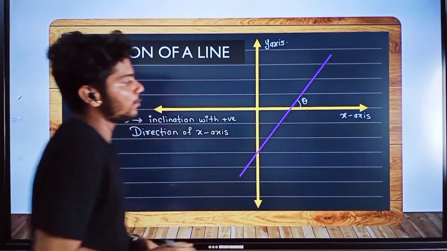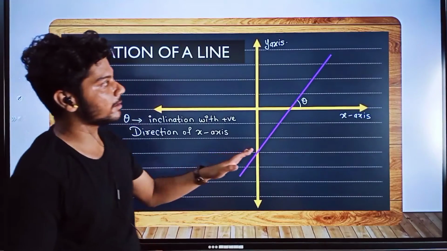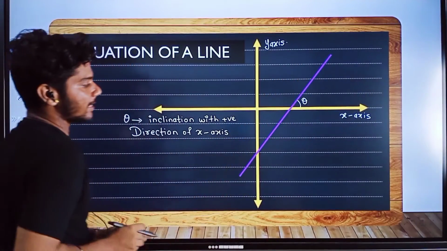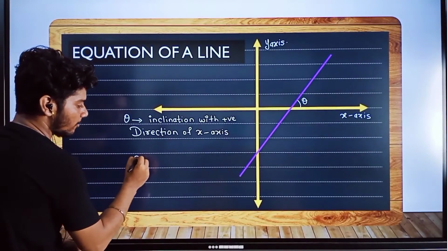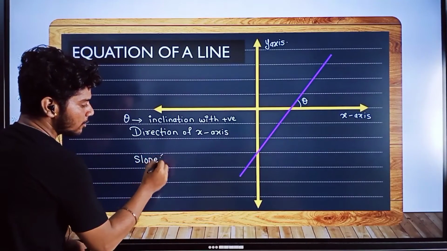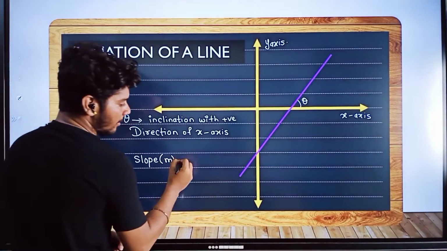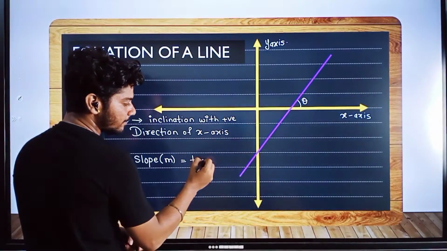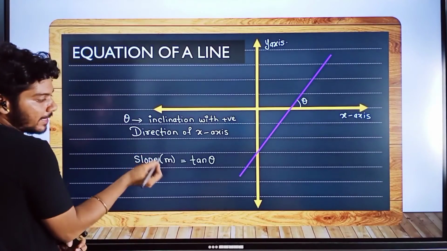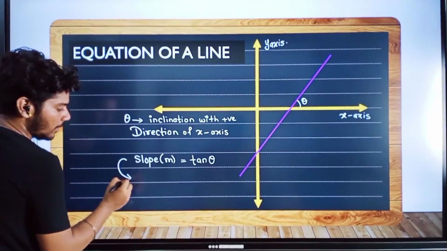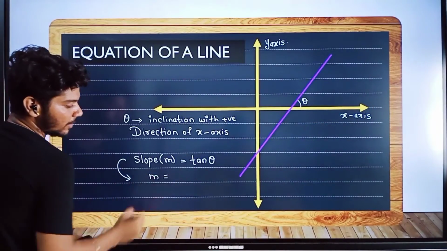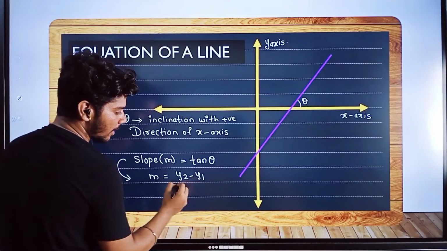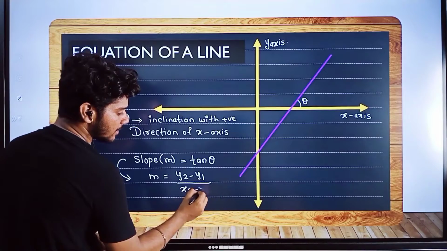First of all we need to define a term which will tell me how much the line is inclined with the x-axis. That term is known as the slope of a line. Slope is denoted by m, and the formula for slope is tan theta. There is one more formula for slope: slope is equal to (y2 minus y1) upon (x2 minus x1).